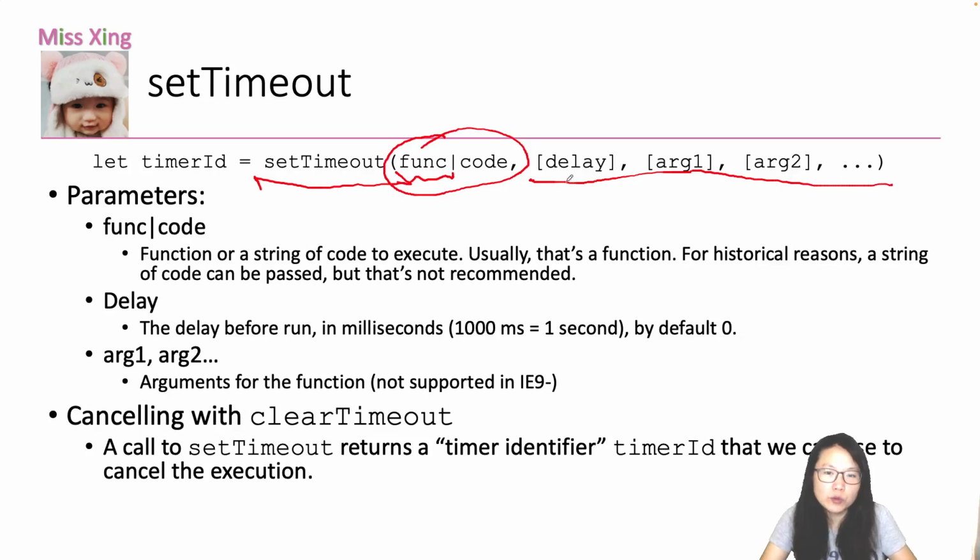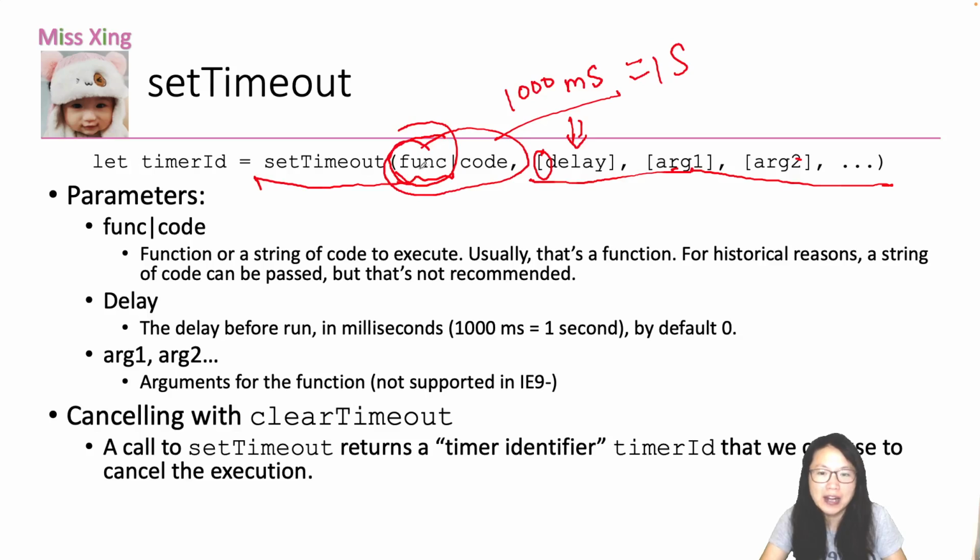All other arguments, when you see the square brackets, are optional. You can give a delay time, and the delay time is in milliseconds. Suppose I put 1000 here, that's 1000 milliseconds, which is 1 second. And the rest of the arguments are values passed to the function as its parameters.